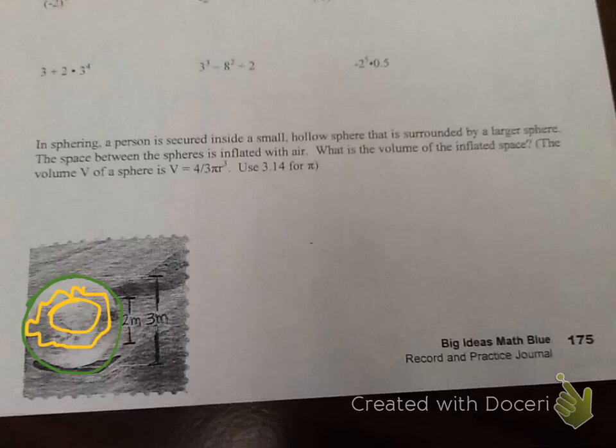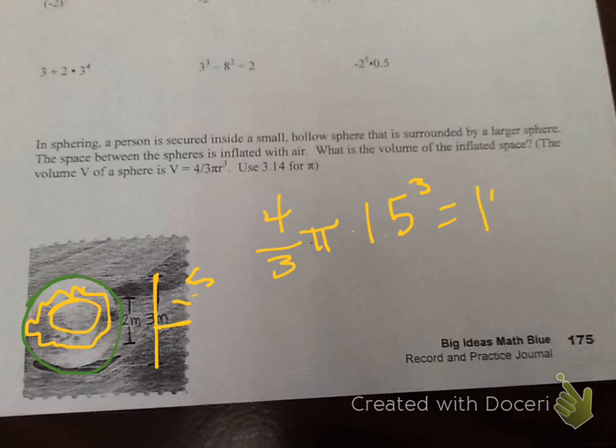So the volume of the large sphere, here we have a diameter of 3, so the radius would be 1.5. So we do 4/3 pi times 1.5 to the 3rd power. And when we do that, we get 14.13 if we use 3.14 for pi.